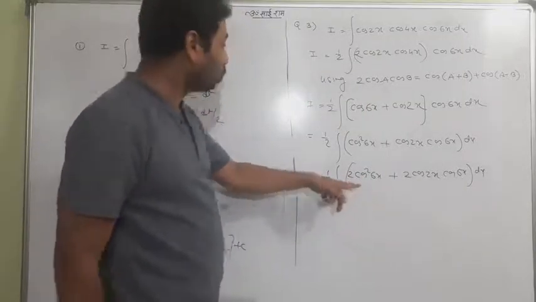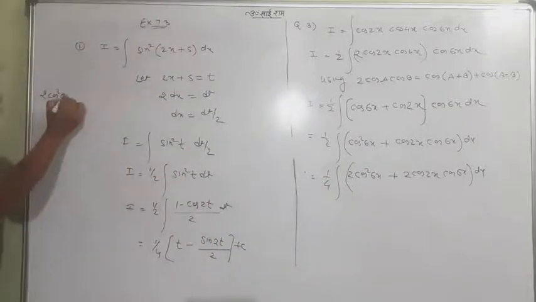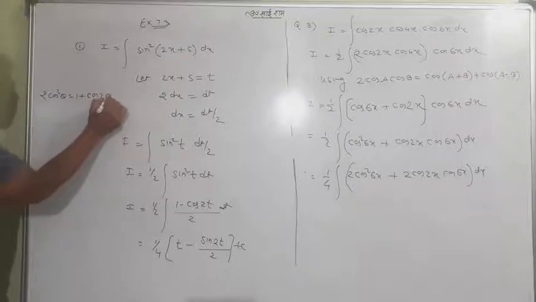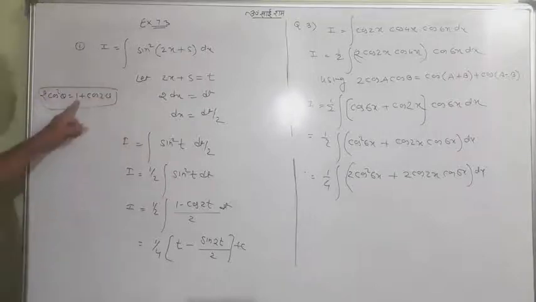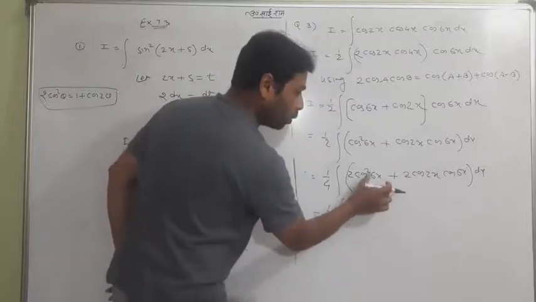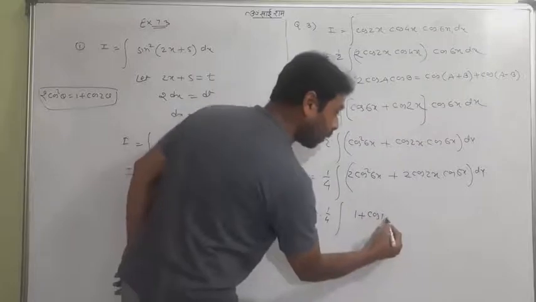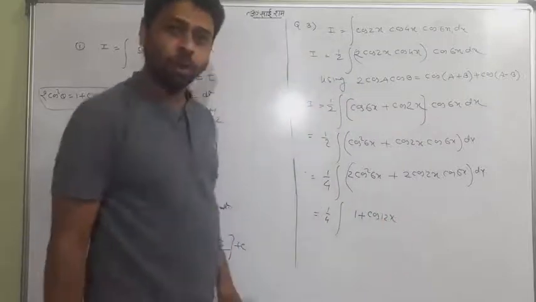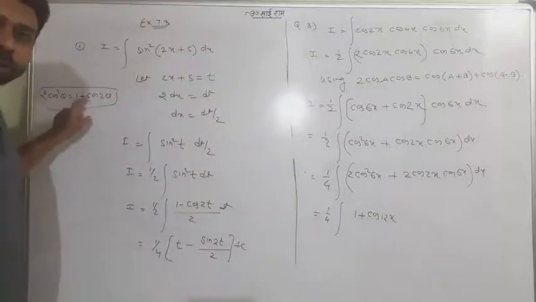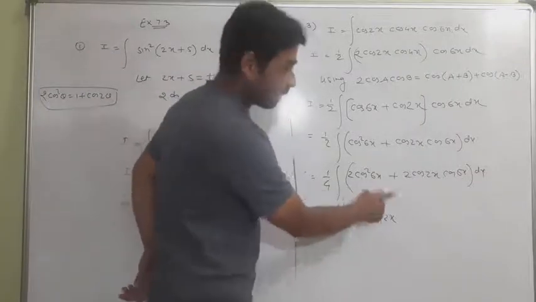I taught you that 2 cos square theta is a formula: 1 plus cos 2 theta. So instead of 2 cos square theta, you will write 1 plus cos 2 into 6x, that is 12x. Use the formula 1 plus cos 2 theta; theta was 6x, so it's 12x.